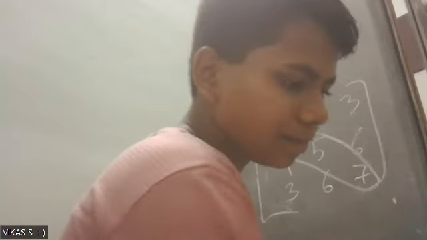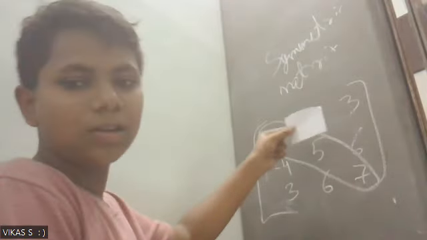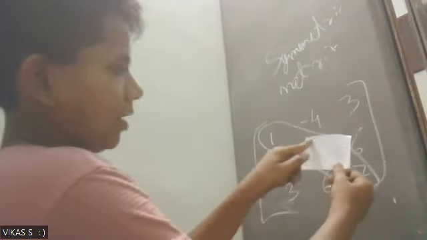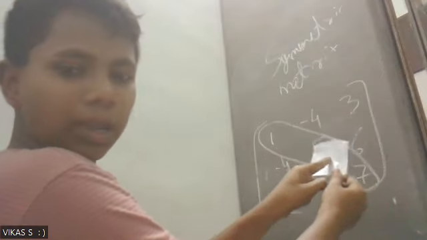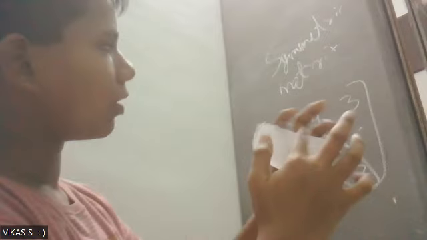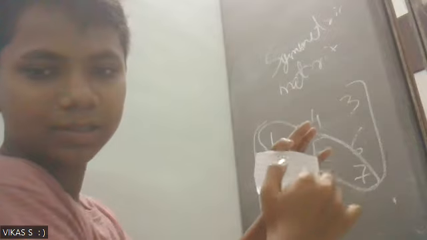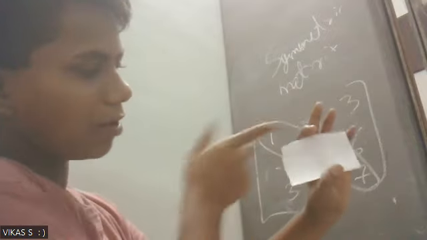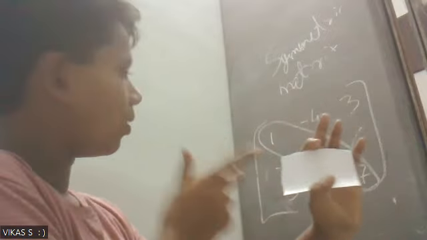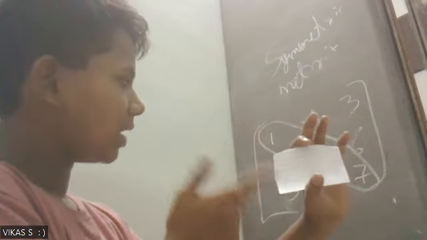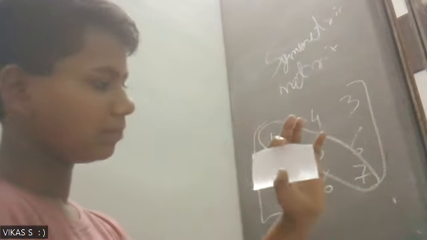This is a sheet of paper. Here is 1, 5, 7. Just imagine. Then 4, then 3, then 4, 3, then 6, 6. So it'll be 1, 4, 3, 4, 5, 6, 3, 6, 7.